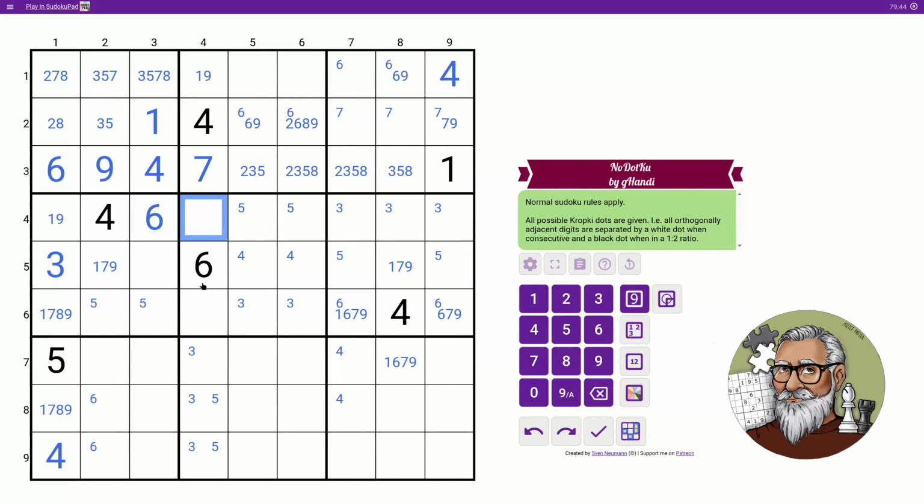It's 1, 2, or 9, right? But it can be 2. It can't be 3, it can't be 4 or 5 or 6 or 7 or 8. Yeah, but 1, 2, or 9 is probably enough. What about this one? Well, this one can be 8, so that's not gonna work, is it?